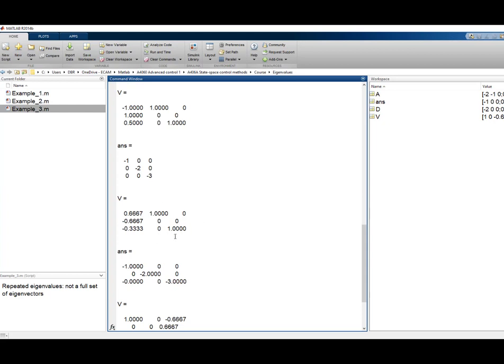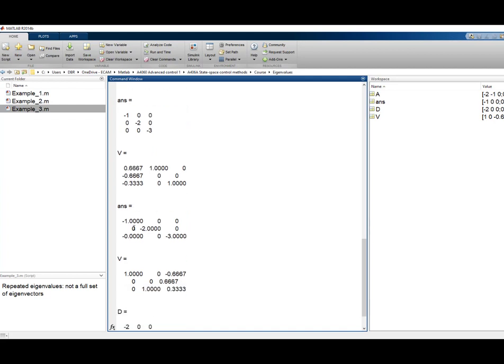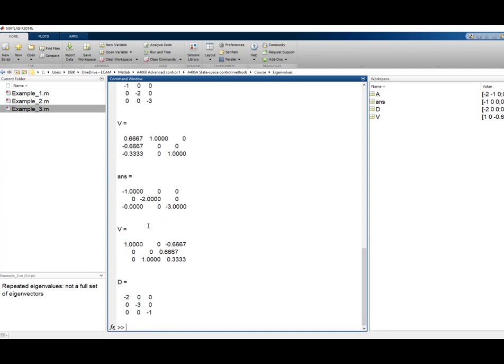This is the matrix V with the first vector that has now unit length 1, and if we compute V^-1 A V, again we obtain the same result, and this is what is obtained by MATLAB. You obtain the same eigenvectors, but you see here that the order of the eigenvalues is different.